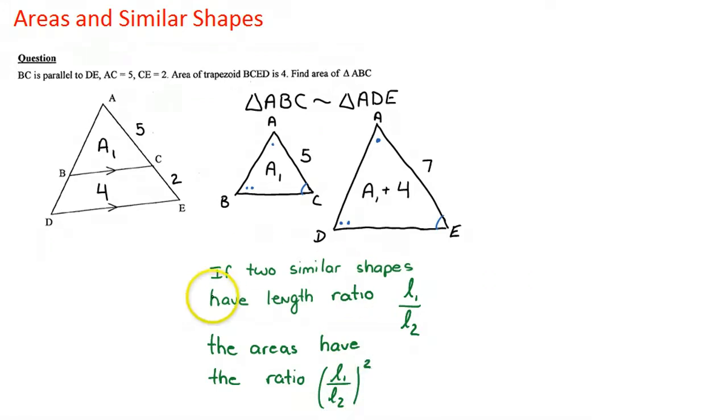So if two similar shapes have length ratio L1 over L2, the areas have the ratio L1 over L2 squared. And this is a very beneficial property for this problem.